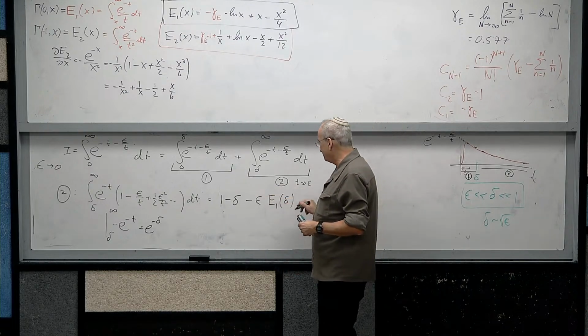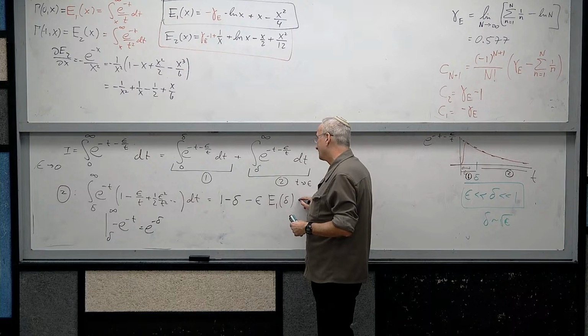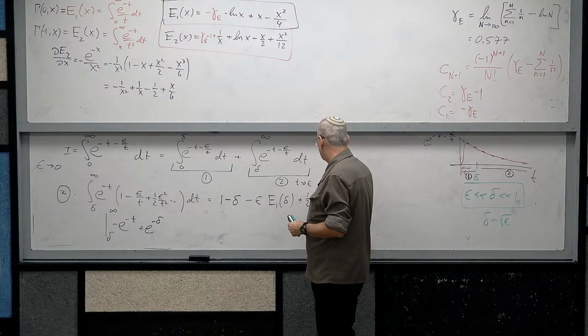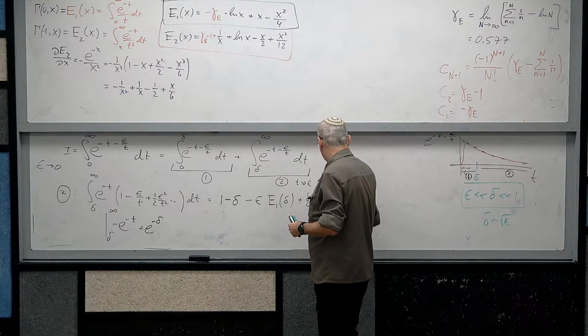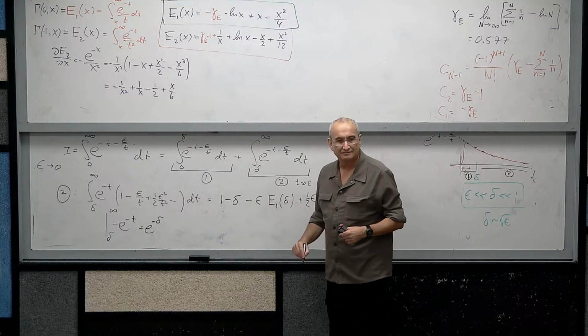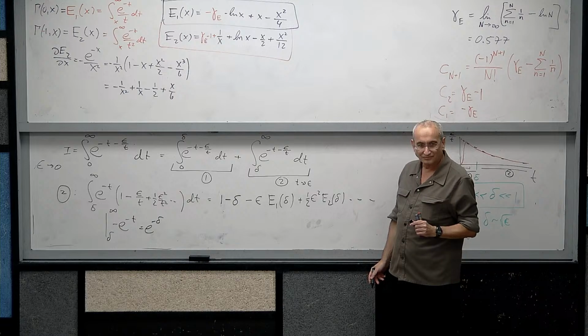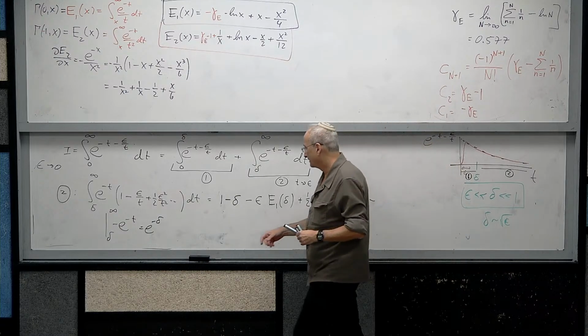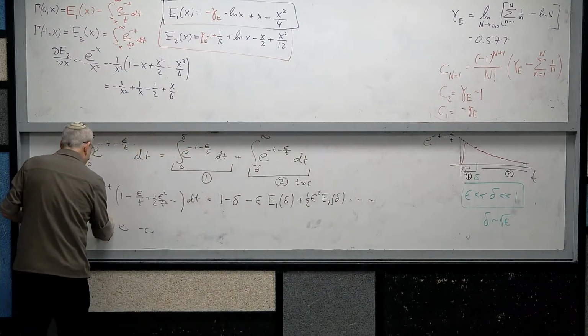What will be the next term? Plus 1/2 epsilon squared E2 of delta, and so on. Good. This is integral number 2.